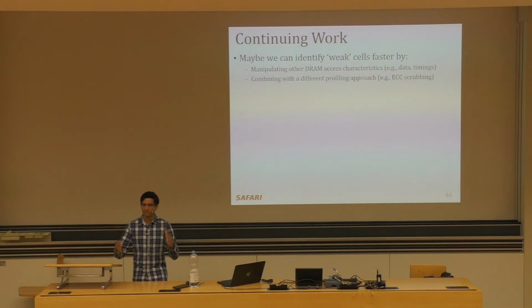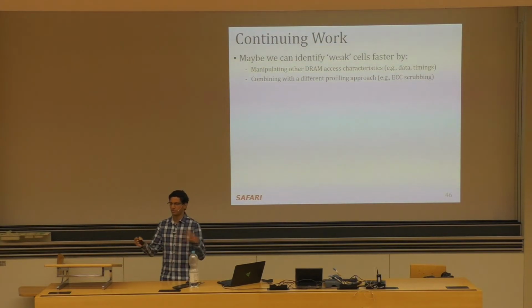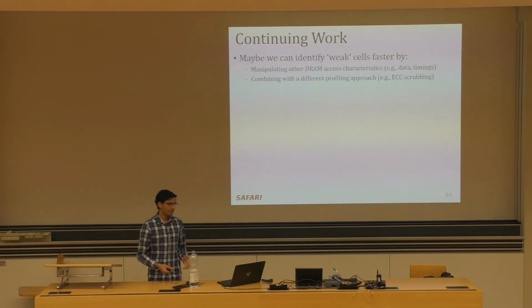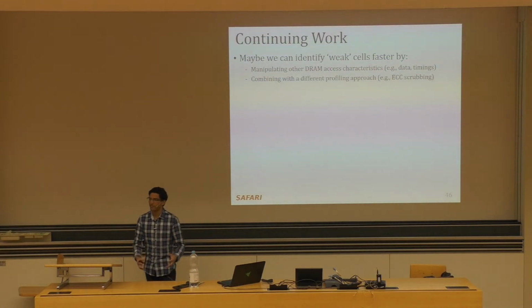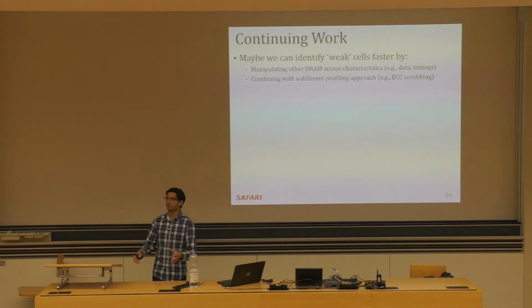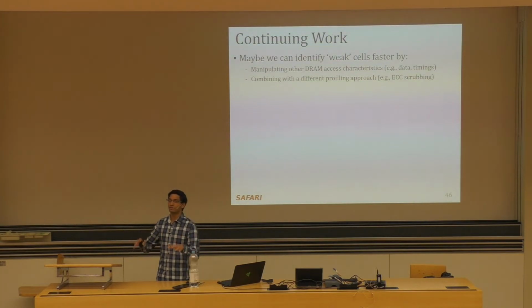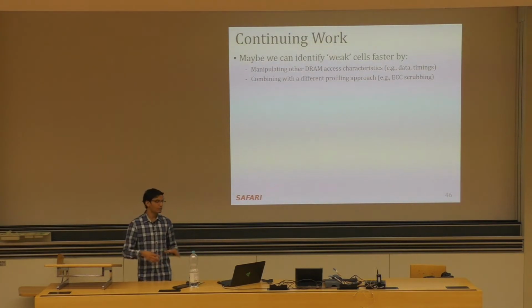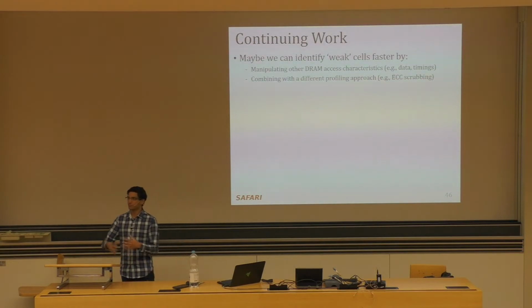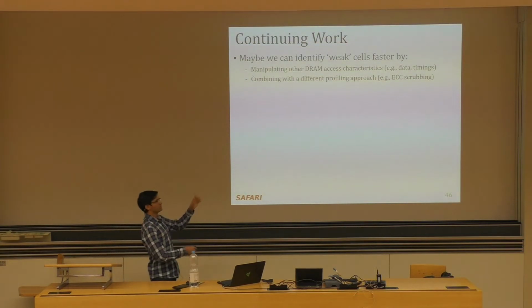And ideally, these will give us a good idea of what is the worst case. But it's not necessarily the worst case pattern, right? And so if we can do something more intelligent with the data patterns and potentially figure out some intelligent algorithm to figure out what the worst case is, we could find these weak cells much faster because they'll fail much more quickly.